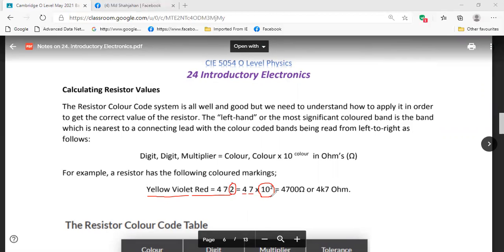So 10 squared, and it's coming 47 multiplied by 100, 4700 ohms.